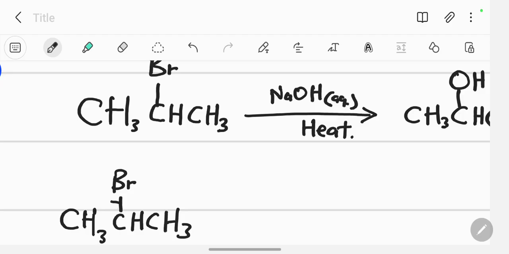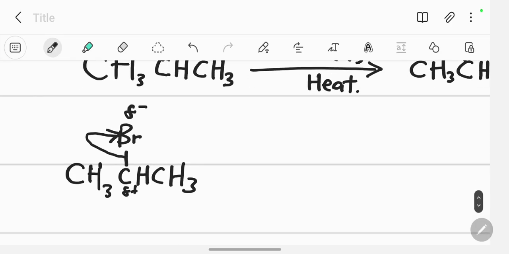So the Br is going to initiate its own process of leaving. This is a positive carbon atom there, partial positive. So in substitution unimolecular, the bromide ion is going to first leave.